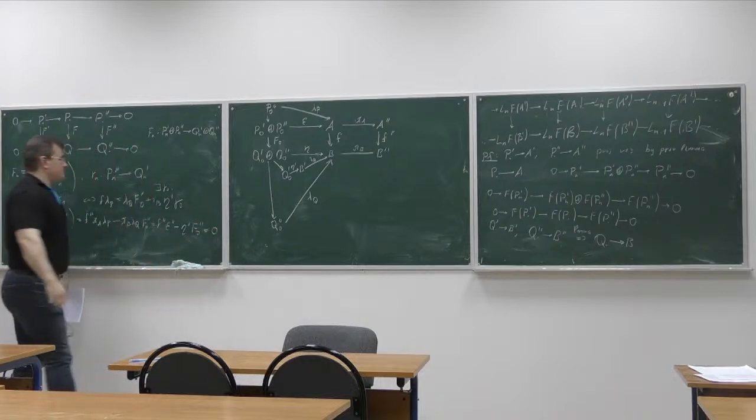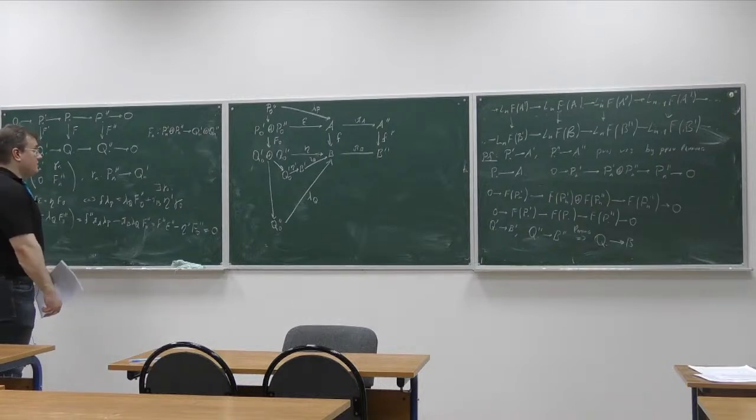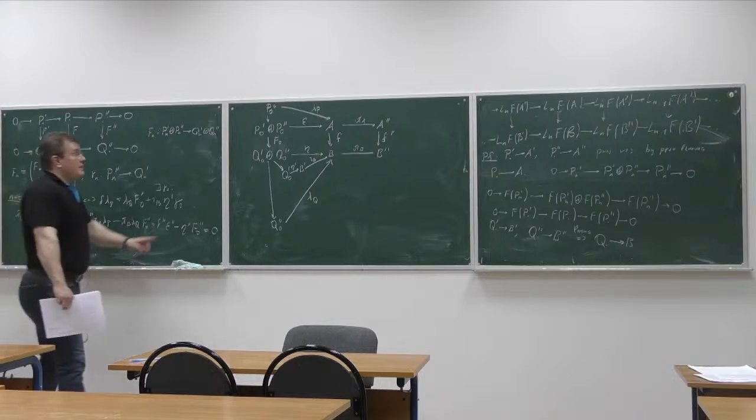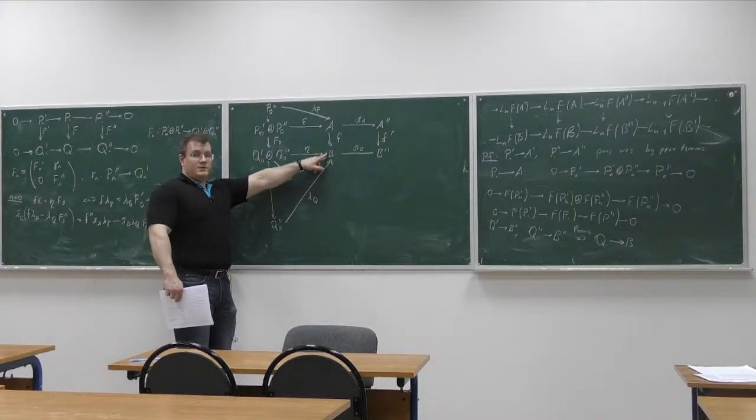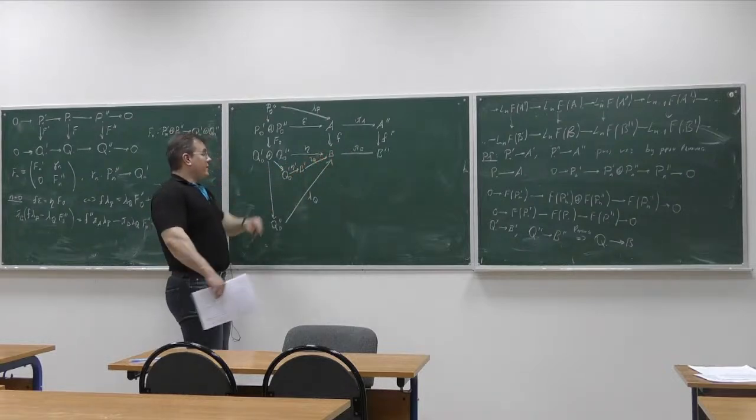Now this is 0, since f0 double prime is the lift of the f double prime. So since this is 0, it means that the composition of the map that I consider with pi b is 0, so this map is not actually a map to the b, but it is a map to the kernel of this thing.